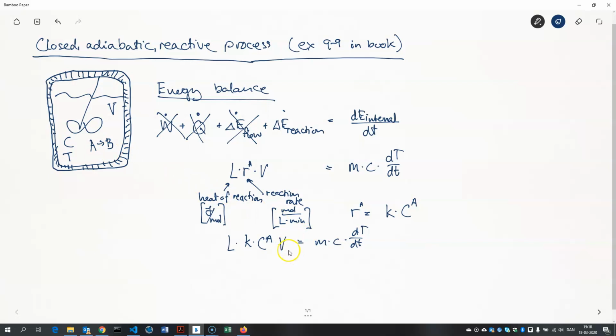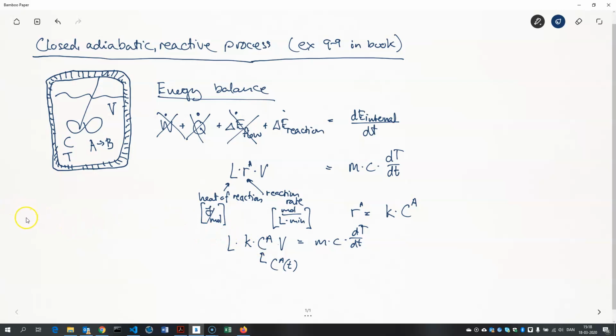Now, this is kind of bad news because we're now introducing a new unknown function, because this is actually a function of time. We know that there's a reaction going on in here, so the concentration of A is bound to change. We know it's going to drop as the reaction proceeds. So now we have two unknown functions, the temperature and the concentration. So what to do about that? Well, we need another equation.